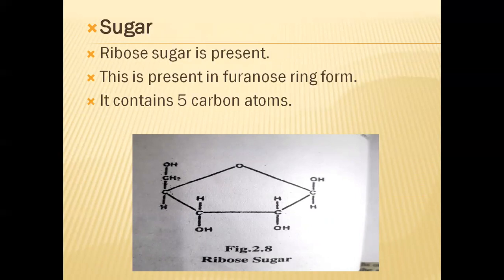This ribose sugar is present in furanose ring form. It consists of 5 carbon atoms. That's why this sugar is called a pentose sugar.